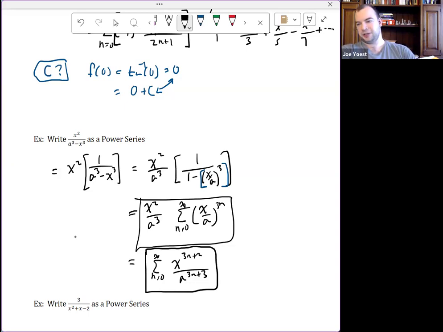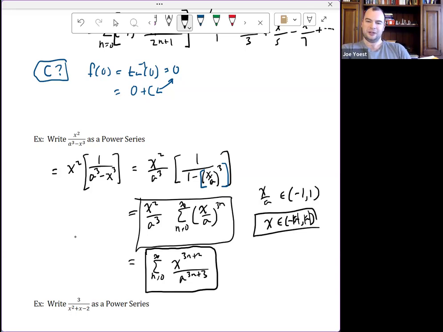This is valid when the ratio x over a is in open -1 to 1, or when x is in -a to a. Or I suppose if I really wanted to be careful, I'd say minus absolute a to plus absolute a. I suppose a could be negative. So this would be our domain. As soon as we go from this step to this step, we've got to be careful to adjust our domain appropriately.